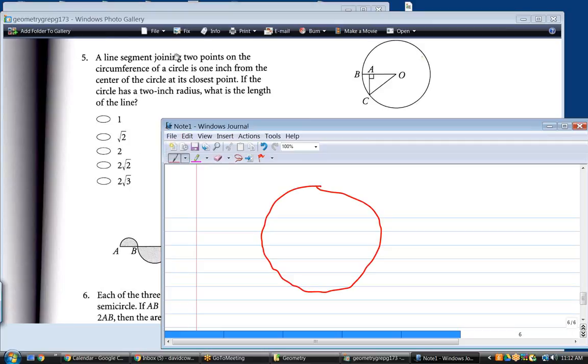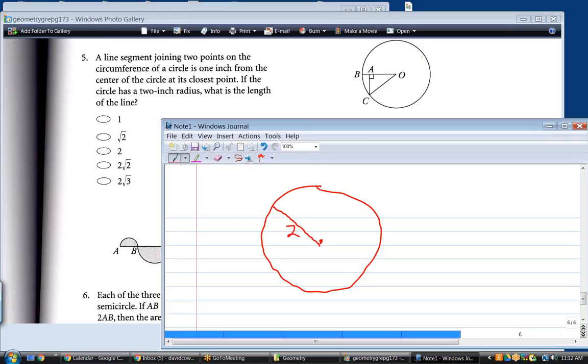A line joining 2 points on the circumference of a circle is 1 inch from the center of the circle at its closest point. So here's the center of the circle, and it has a 2-inch radius.